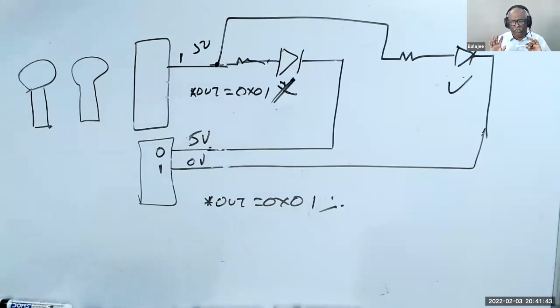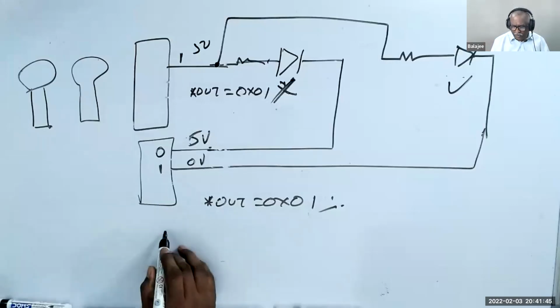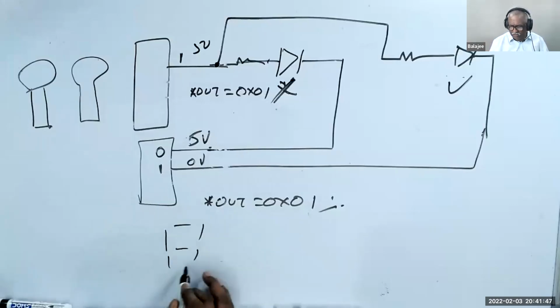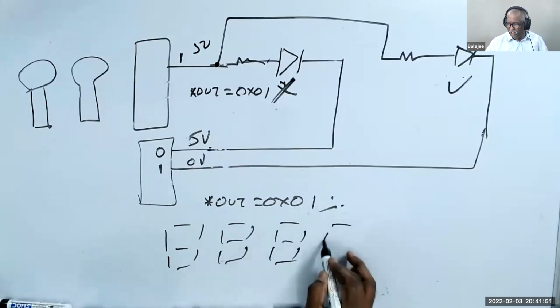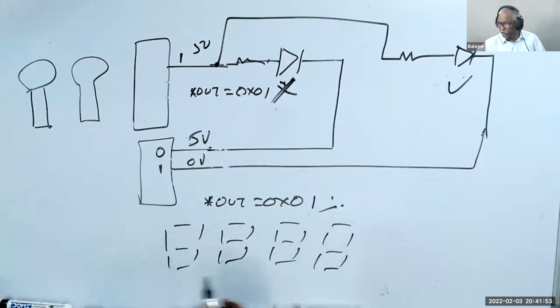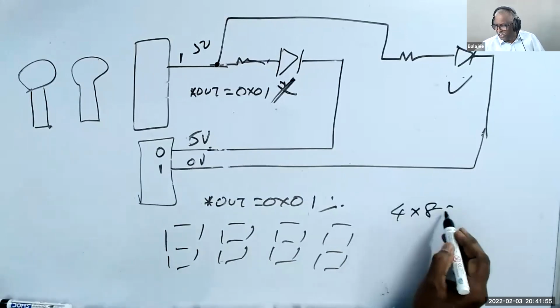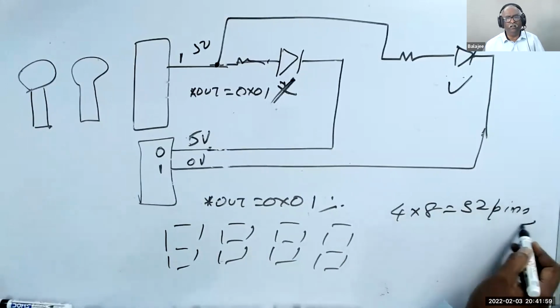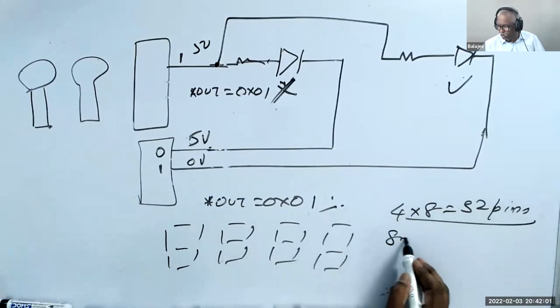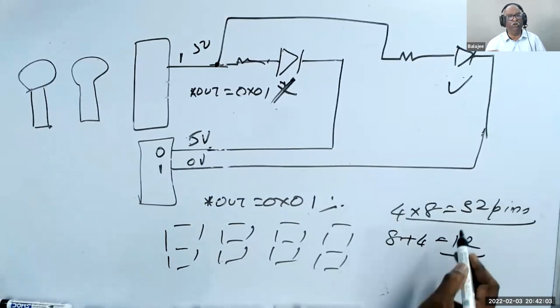This is a very important display thing because when they connect 4 segments, normally we require, if you have 4 segments, 4 into 8, 32 pins. But we use only 8 plus 4, 12 pins. We save 20 pins.